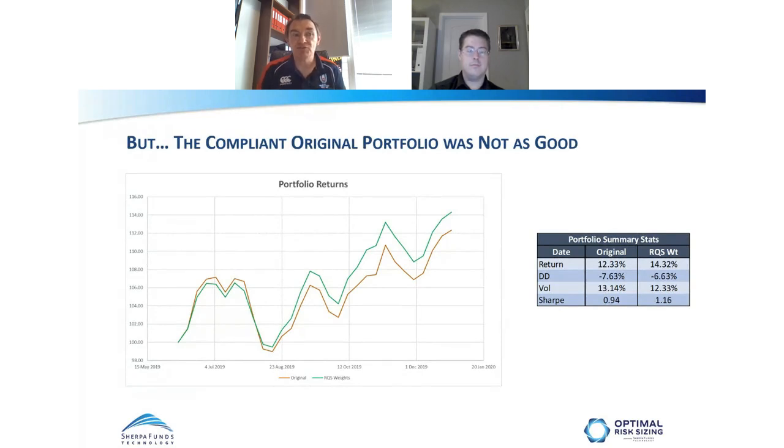So you kind of expect it to do well, and it does do better. But of course, it's unattainable. You can't have that portfolio. It's not allowed for a whole bunch of reasons that we won't go into the exact detail of, but limits, et cetera, et cetera.